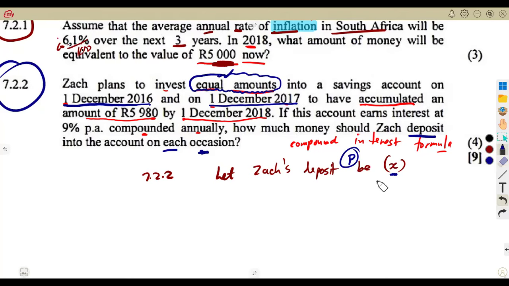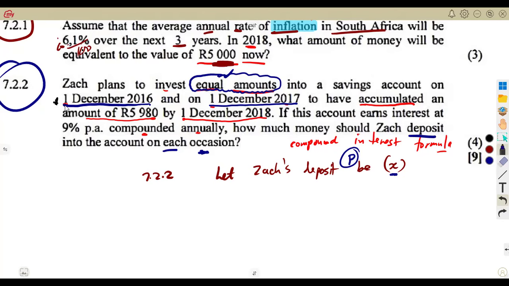Thus, it affects that part alone. Let me ask you something. You put money into the bank. Let's say this one, deposited on 1 December, was put into the bank. It is gaining value, gaining value. For how long? That is the question. Then we have to consider the years.